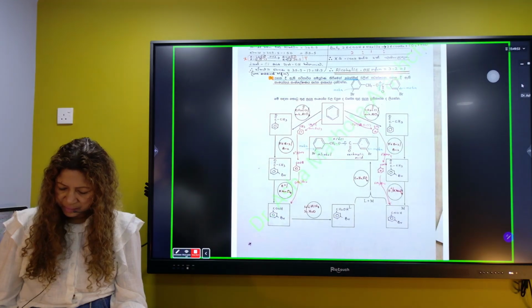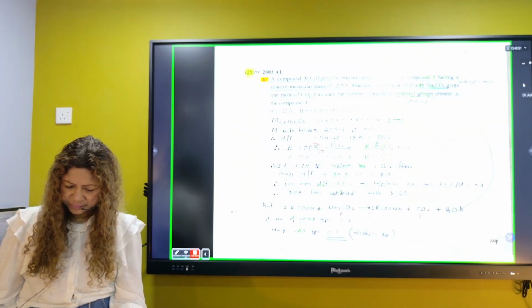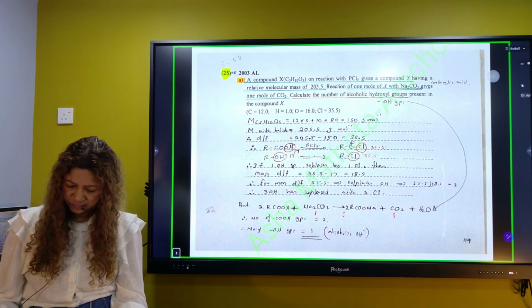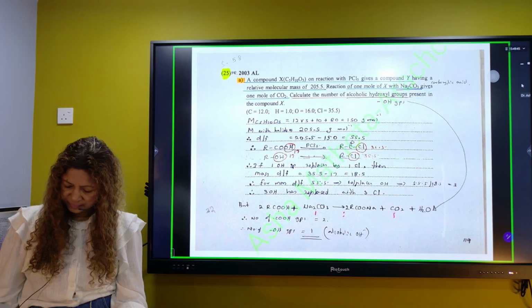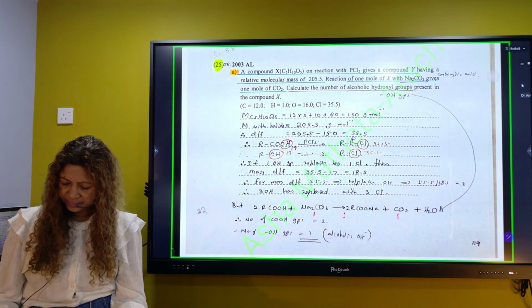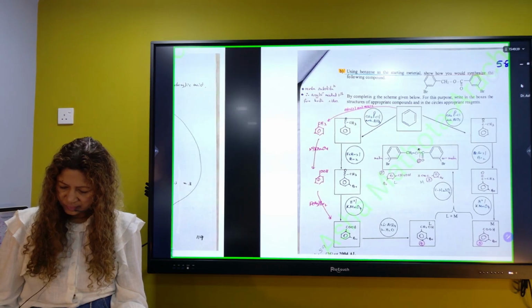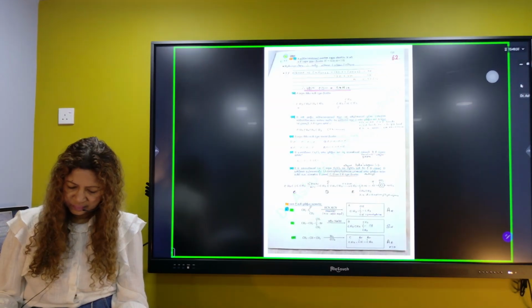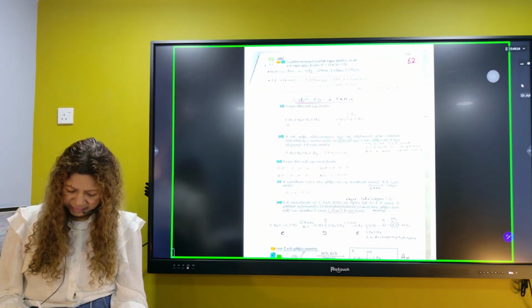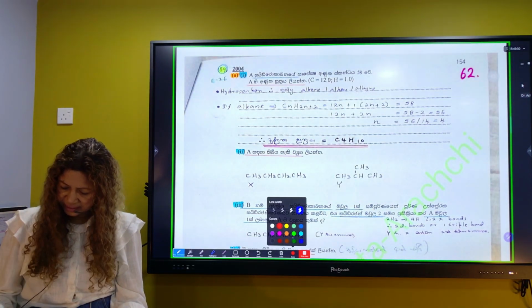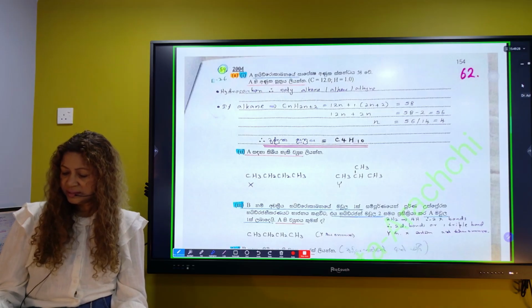Okay, so the next part. This is a hydrocarbon. They have not mentioned anything else, whether it's saturated or not.